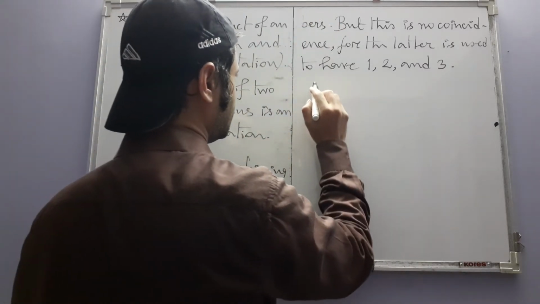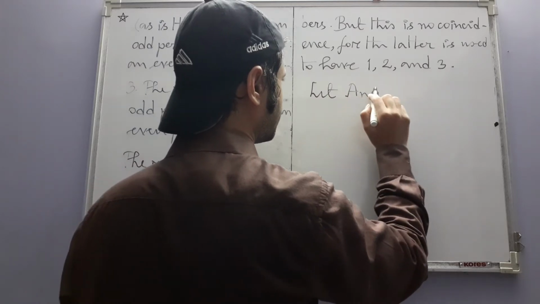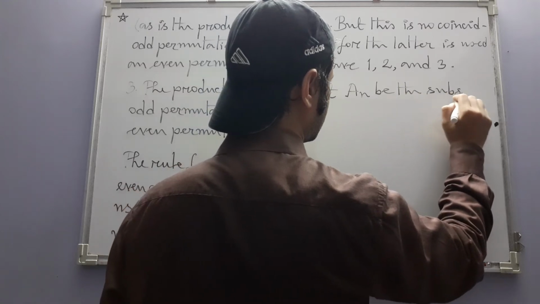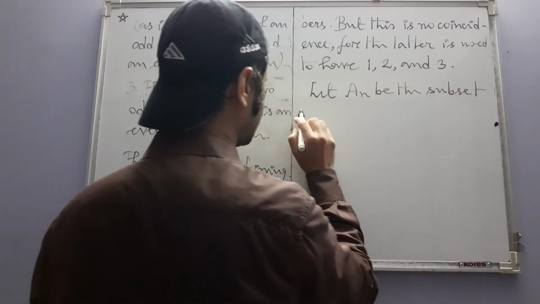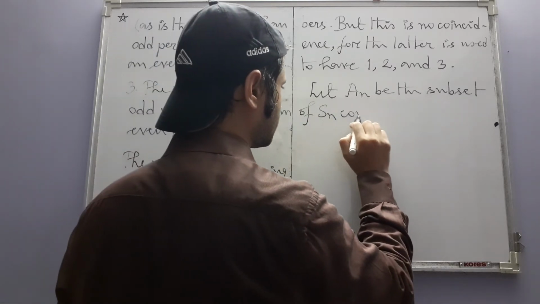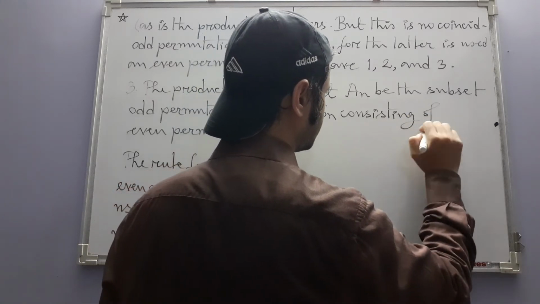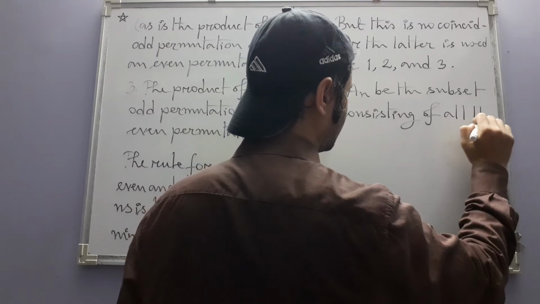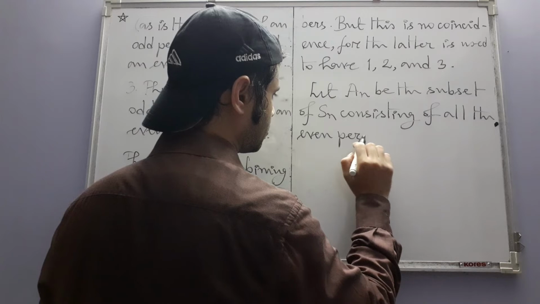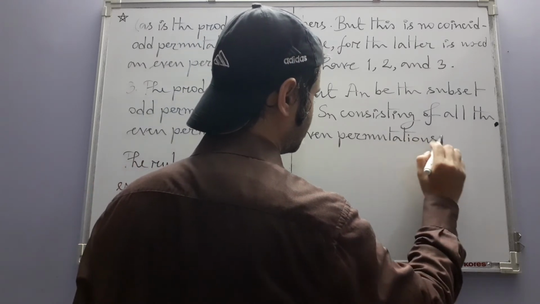Okay, now let An be the subset of the symmetric group of degree n, Sn, consisting of all the even permutations.